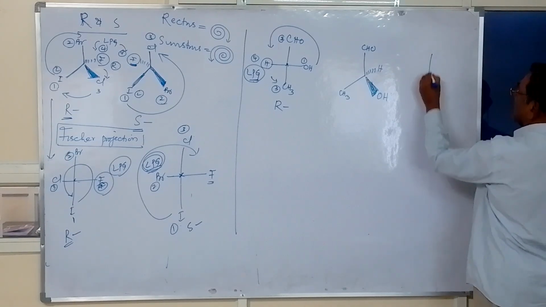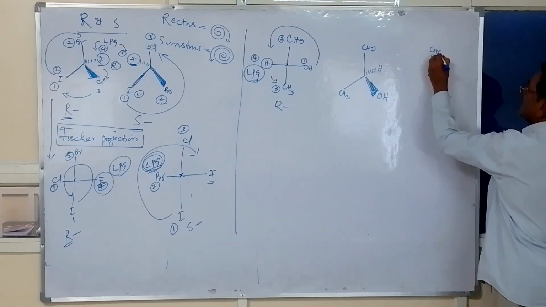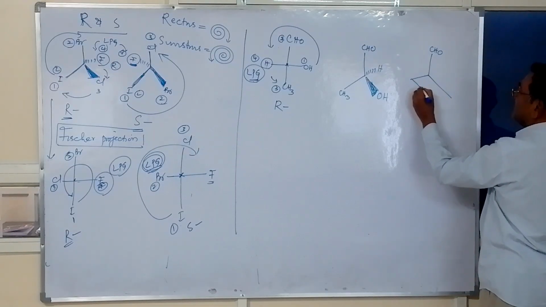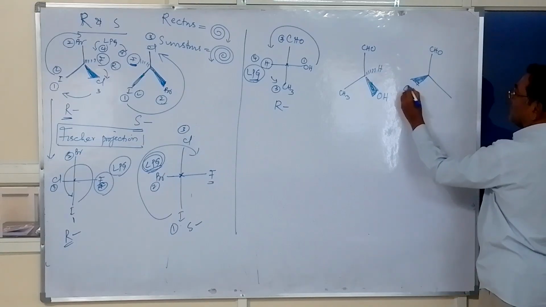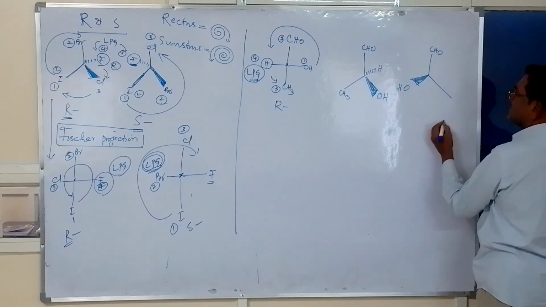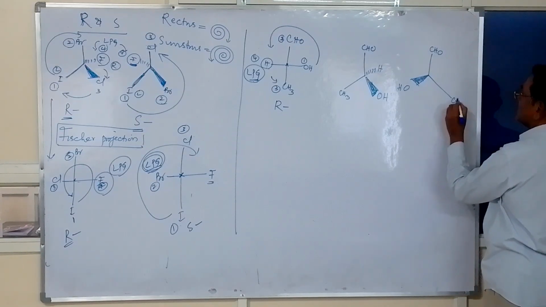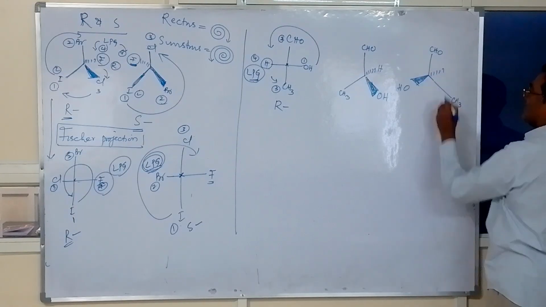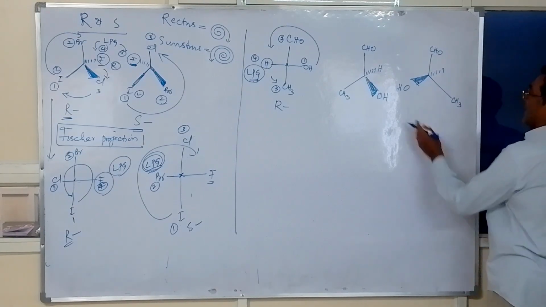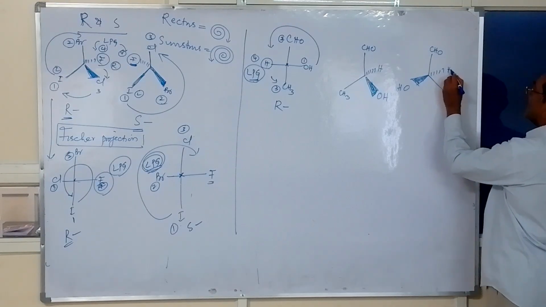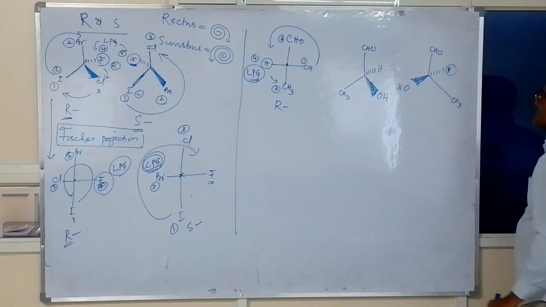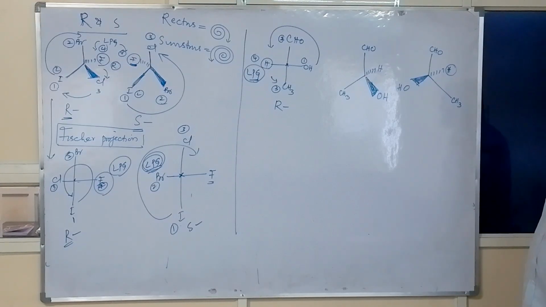And also I have given CHO, and the wedge is going to be like this. Let it be OH, and this is going to be CH3. I have given it in this way. H is the concern. See, very simple, no? With the dash and wedge.